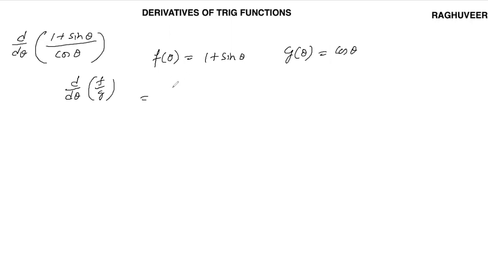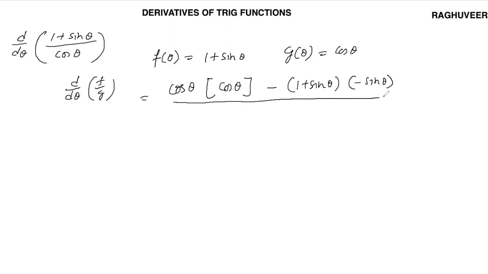This is cos theta times d by d theta of 1 plus sine theta, which is cos theta, and minus 1 plus sine theta times minus sine theta, divided by cos square theta.